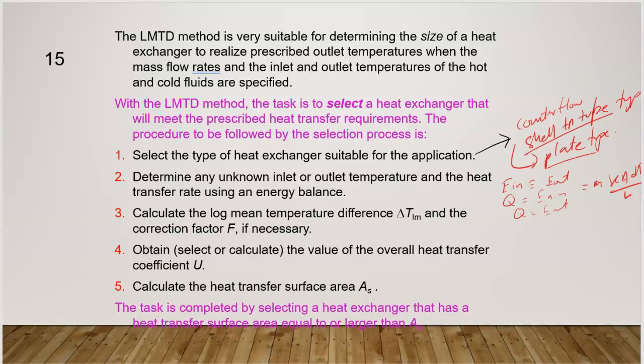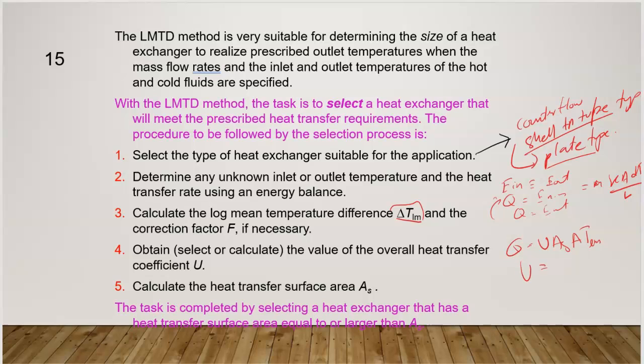Then you have temperatures in and temperatures out. And then calculate the log mean temperature difference and correction factor if necessary. So normally they don't have a correction factor. Okay? So calculate TLMTD as before, then obtain or calculate the overall heat transfer coefficient. Because Q is already known from here, Q equal to U A delta TLMTD.